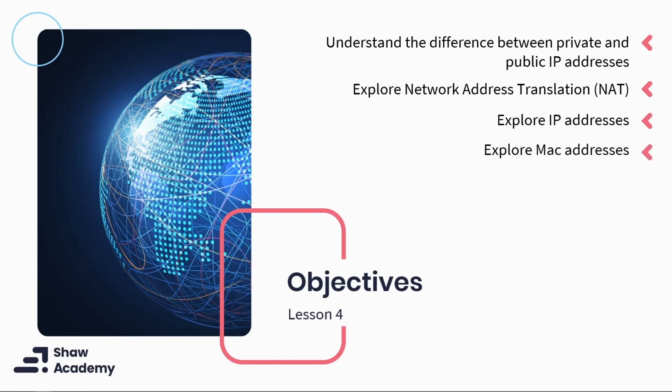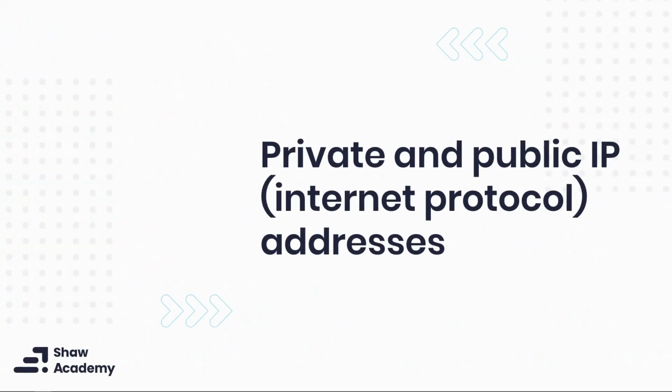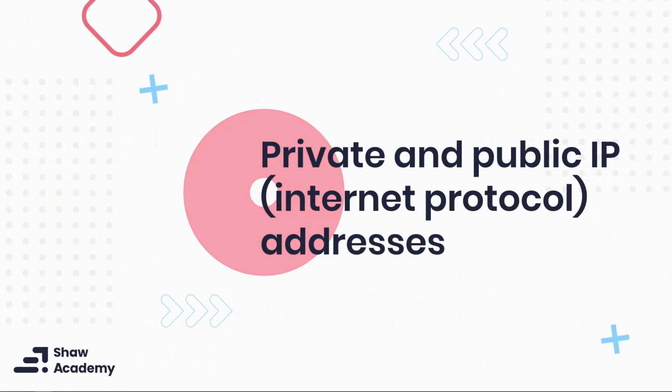We'll look at the differences and how routing works with each one. When a program is initialized in a system, an IP address is generated by the CPU, Central Processing Unit.